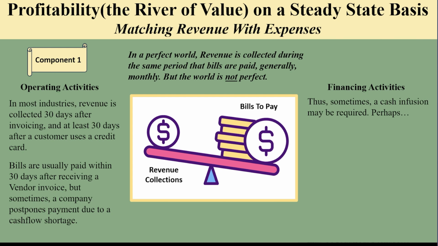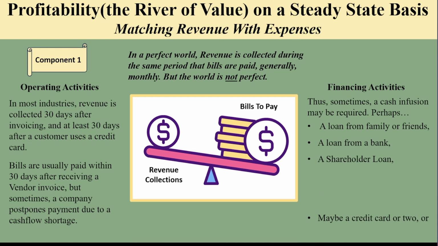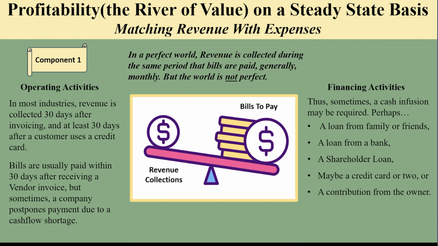Sometimes a cash infusion may be required, perhaps a loan from family or friends, a loan from a bank, a shareholder loan, maybe a credit card or two, or a contribution from the owner. It's a bit of a balancing act, waiting for money to come from sales to pay for the bills.